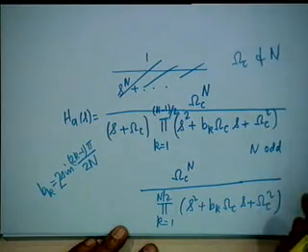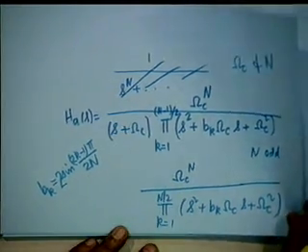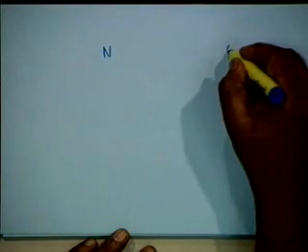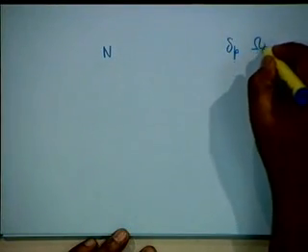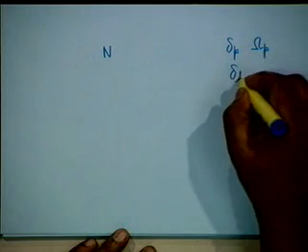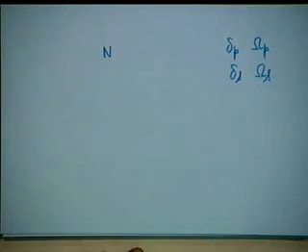And in general, capital N shall be determined from delta p, omega p, delta s and omega s.